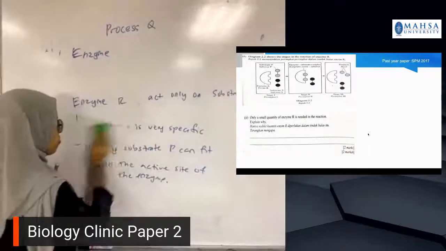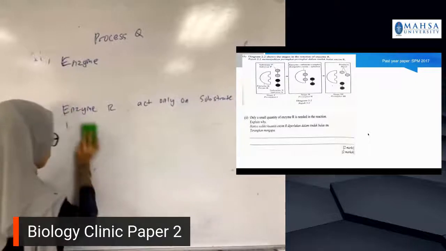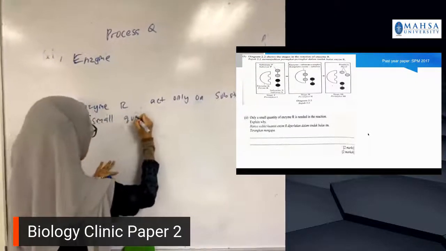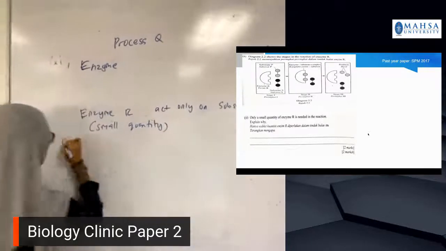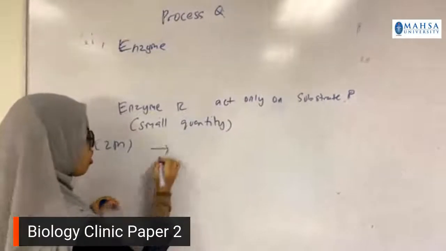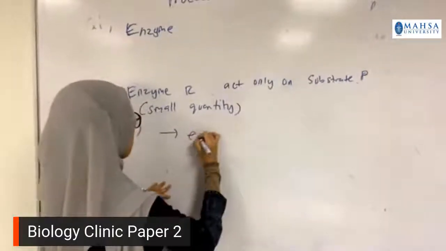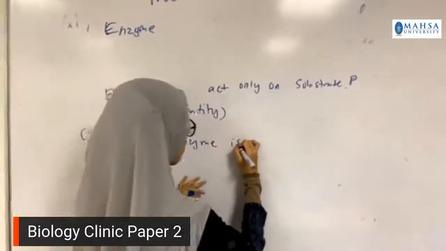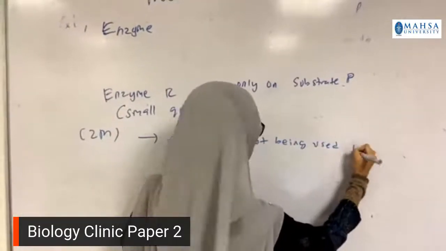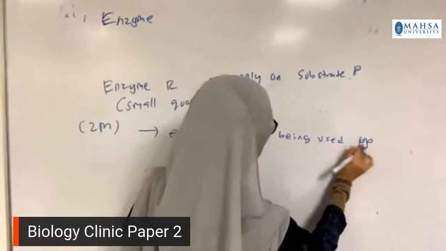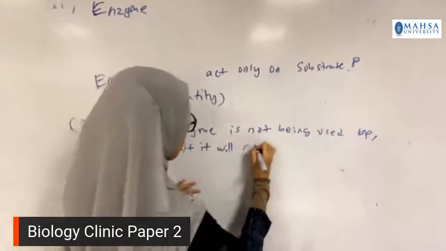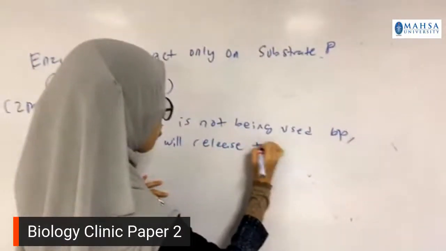Next question: only a small quantity of enzyme R is needed in the reaction. Explain why. This is 2 marks. Why do we need enzyme in a very small quantity? The first reason is that the enzyme is not being used up, but it releases the product.